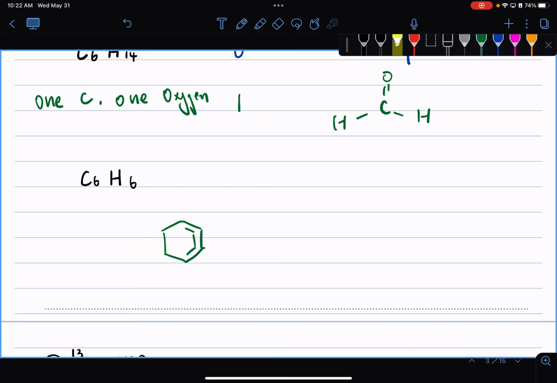So if we look at this molecule, we have 3 double bonds and 1 ring structure. So overall, we have 4 degrees of unsaturation, 3 from pi bonds, and 1 from the ring structure.